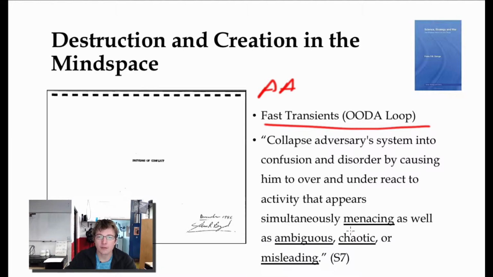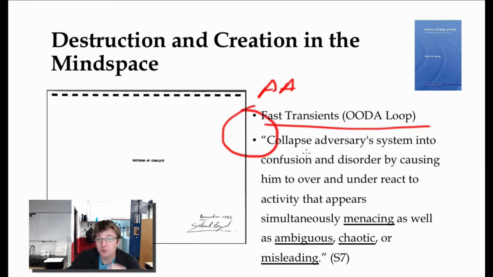Ultimately, I think that this transitional idea of moving from a world of the fighter pilot acting in the moment to the broader concept of strategy is showing us how Boyd wants to apply destruction and creation in what I'm referring to as the mind space, in the both conceptual and temporal place where strategy and decisions emerge from.